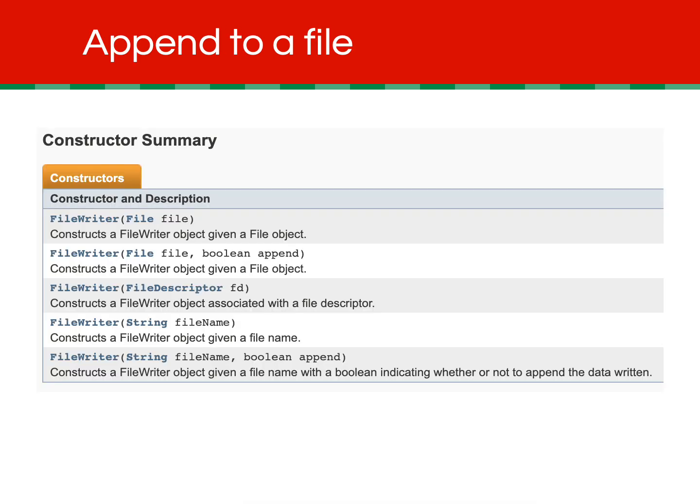What should you do if you want to append or add more to a file without removing all the content? If you look at the Java API, the second one, which is FileWriter file boolean append. So you can construct a FileWriter object given a file object and append to it. So you would set the boolean to true.